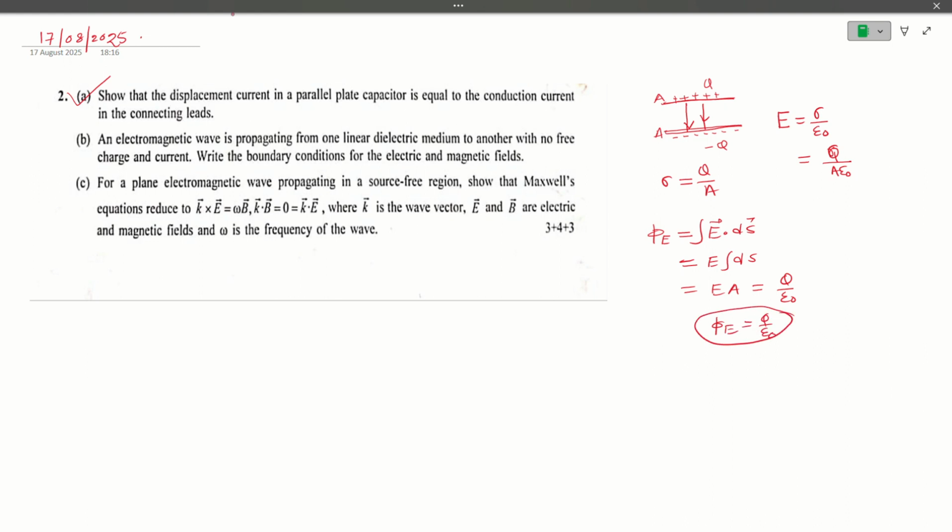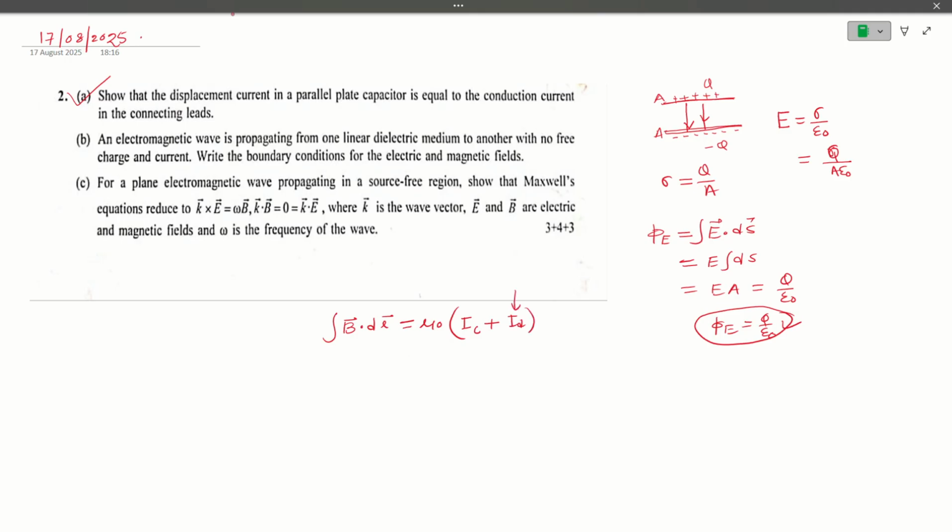Now again from Ampere's law, after Maxwell correction, we get the line integral of magnetic field B dot dl is nothing but mu naught times I C, the conduction current, plus I D, which is called the displacement current.